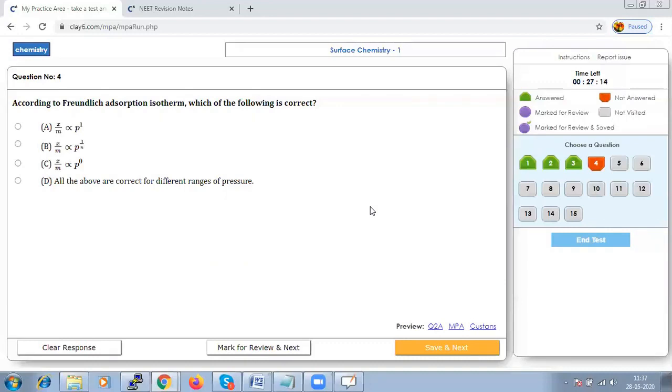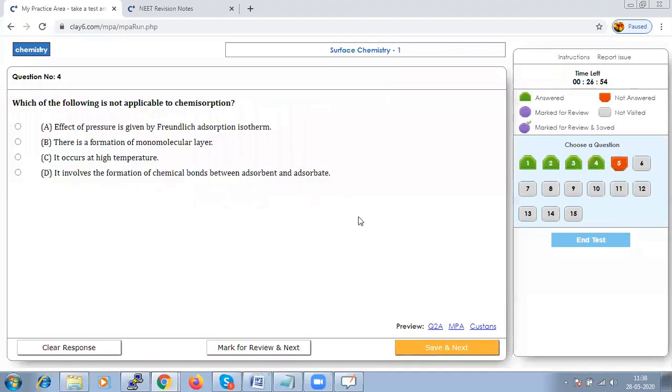Hence, option D should be right because all the above are correct for different ranges of pressure. The only change in all the options is the pressure value. Let us save that and go to the next.